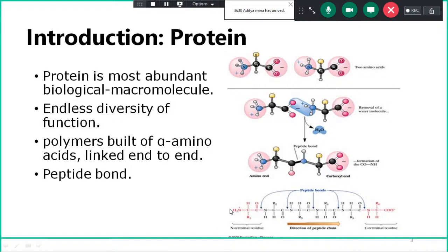In protein, the direction starts from the N terminal, the amino terminal, and ends with the carboxyl terminal. A very short chain peptide up to 10 amino acid residues is called an oligopeptide. Up to 50 amino acids we say it is a polypeptide, and when the amino acid residues increase to more than 50, then the polypeptide is known as protein.